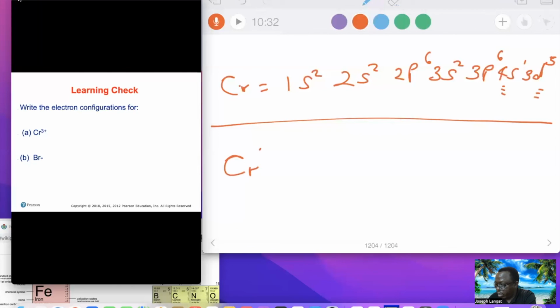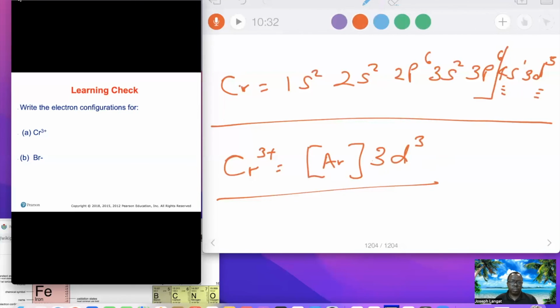Therefore Cr3+ will be argon, abbreviated for 18 electrons up to this point, and then 3d3. The 4s is gone.